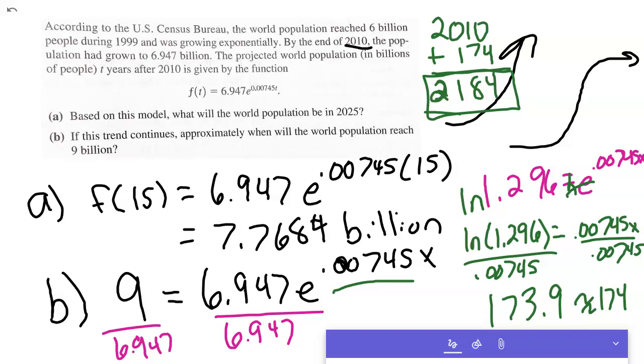I mean, this is a huge assumption here, that percent growth. Because, I would assume we would be there sooner than 2184. But, and that's where you need to start thinking about this stuff.